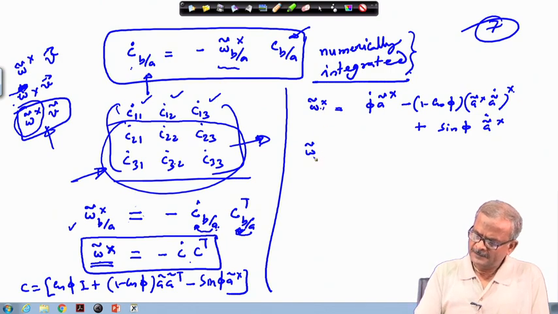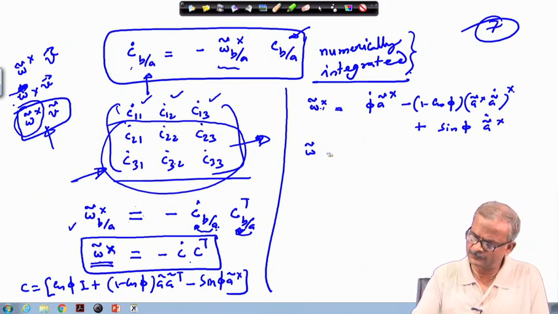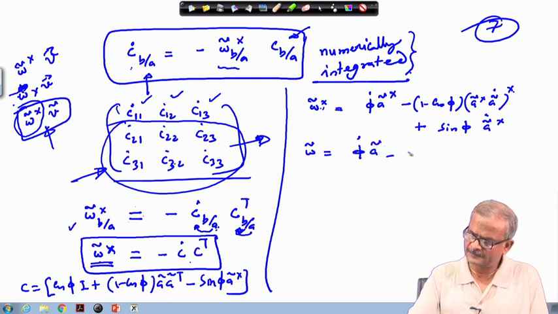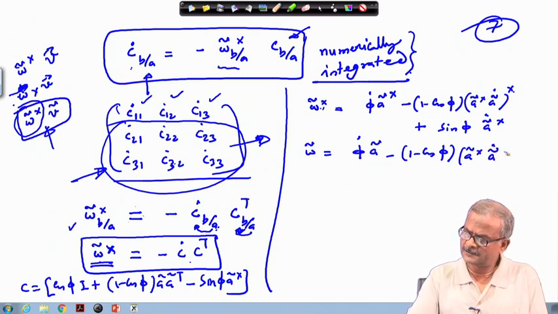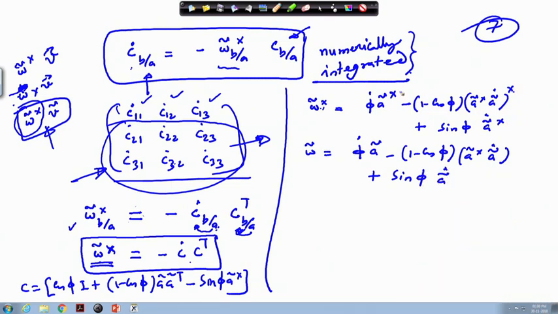So, if we use the vector notation or either the matrix notation, this can be eliminated from both sides, and this can be written as phi dot a tilde minus 1 minus cos phi a tilde cross times a tilde dot plus, and this cross is eliminated from all the places.